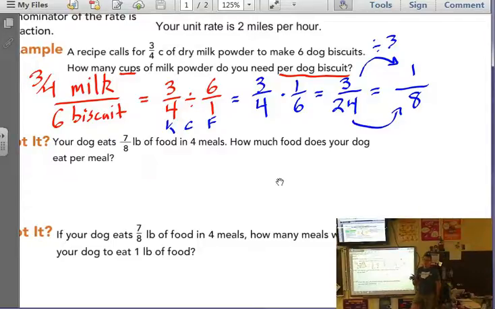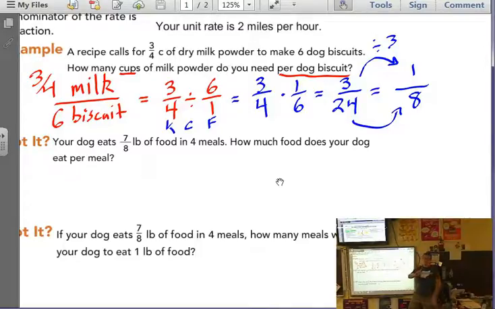This might be a mind-blowing moment. This is your unit rate already, because when we perform the division, we're essentially forcing it to become a unit rate.